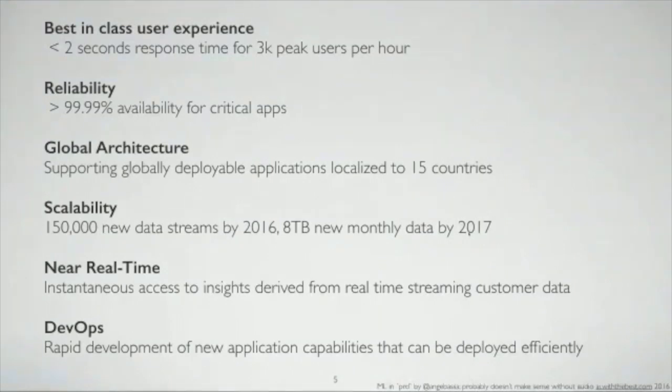We also have to offer instantaneous access to the insights because these are activities that need to take place under stress with the grid. So there's real-time streaming customer data that has to be available in near real time. And we have a DevOps mentality of rapid development of new applications so that once we have iterative developments taking place, they can be deployed efficiently without having any downstream implications.